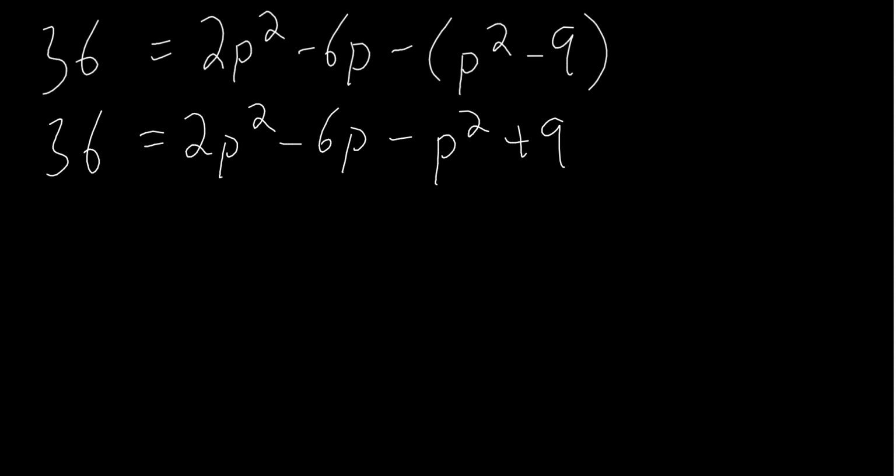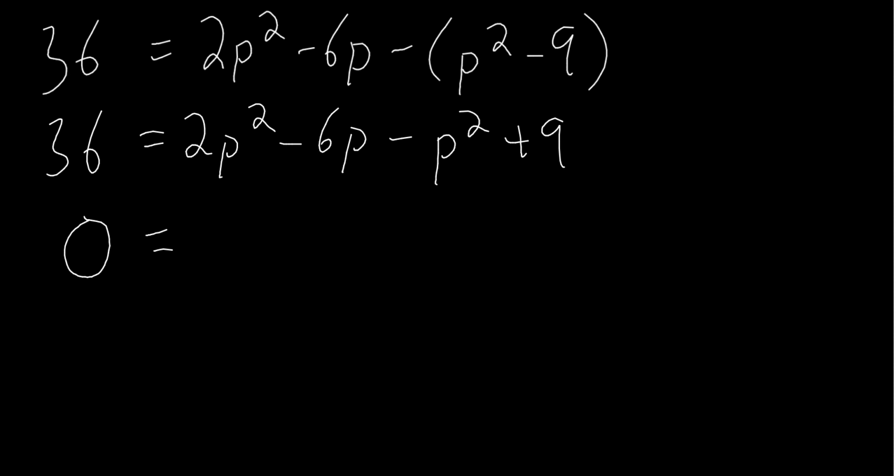Now let's combine all like terms. It looks like we're going to put the 0 on the left. I also like having my zeros on the right usually, but in this particular case it works out better this way. So we subtract 36 on both sides, and we have 0 equal to... I'm sorry, I messed up there.